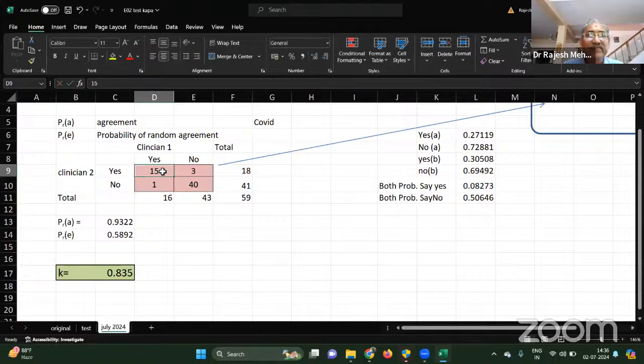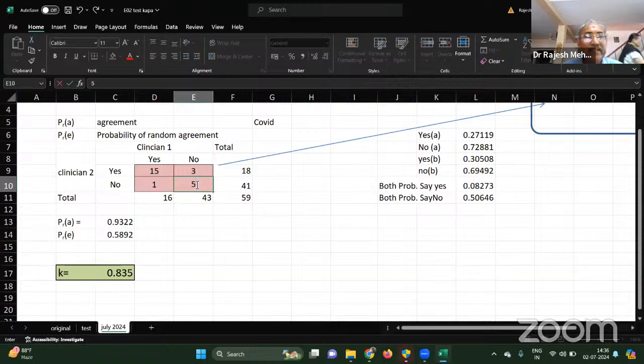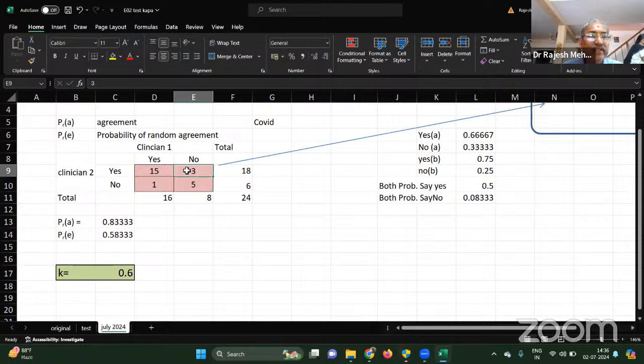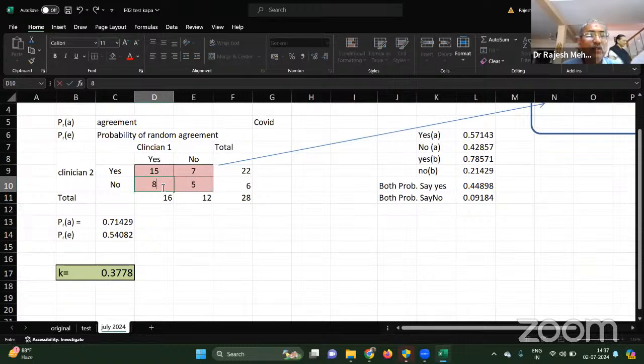Both say yes in 50 cases, the person is having COVID. And in 5 cases there is agreement that it is not COVID. But when clinician 2 says yes, it is COVID, and clinician 1 disagrees, there are 7 such cases. And in the other cells there are 8 cases where clinician 1 says yes, there is COVID, and clinician 2 says it is not there.